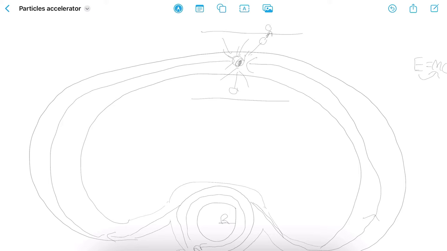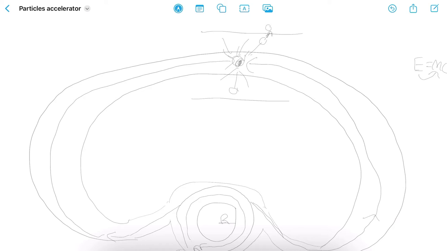So the results of the collision can inspire physicists nowadays to make theories about the universe, and if the theory turns out to be correct, it will benefit humanity and also improve our quality of life.